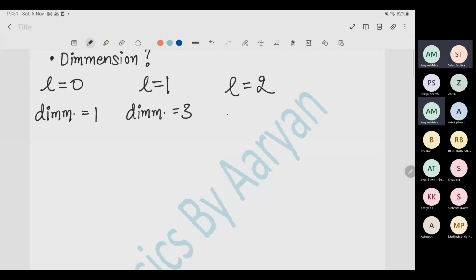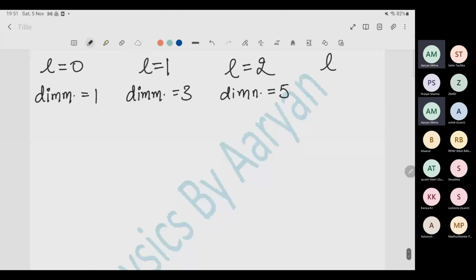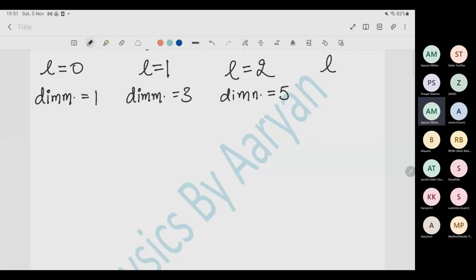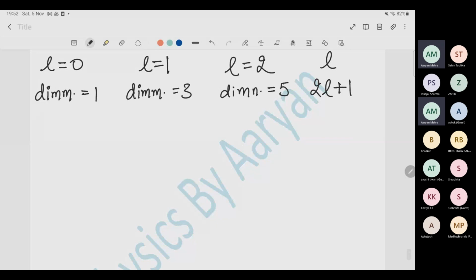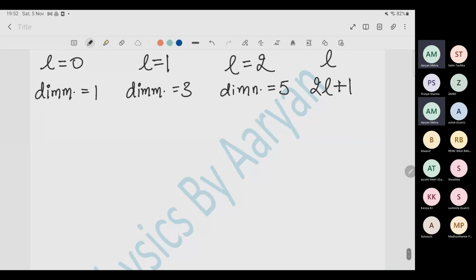So the dimension is 3. For L equals 2, 5. And for general L, can you give me the general formula? 2L plus 1. So this you should remember. This is how we find the dimension.